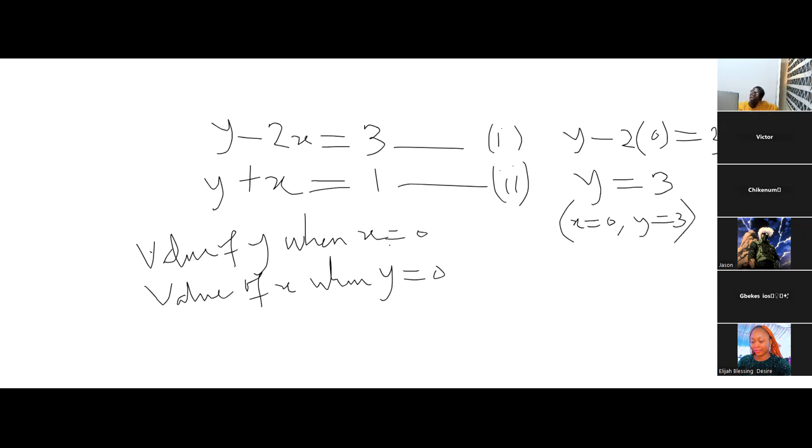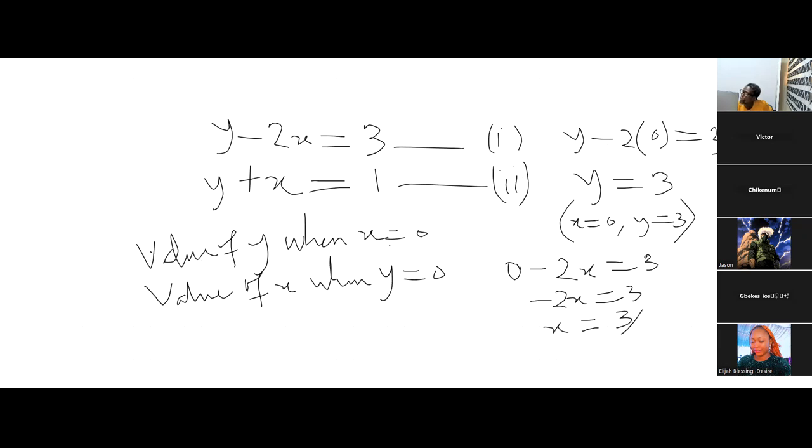For the same equation 1, go for the value of x when y is equal to 0. Anywhere you see y, put 0. So 0 minus 2x is equal to 3, which means minus 2x is equal to 3, so x will be equal to 3 divided by minus 2.